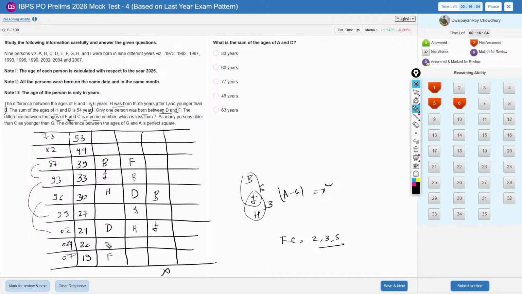F and C 3. Here more than that. F and C is 5, 7. As many persons elder than C, younger than G.